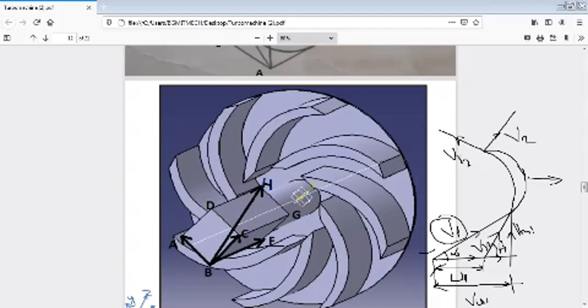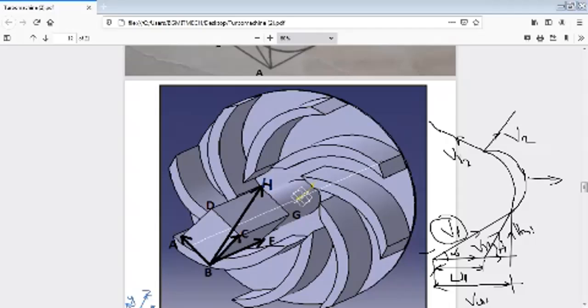Okay, so VR2 is along the blade tip. This is along the blade tip, that is VR2. So V2 is coming out of the blade tip. So it will be in the direction of whatever the blade movement is, that is the V2 direction almost. And this is the blade tip angle, whatever it is.